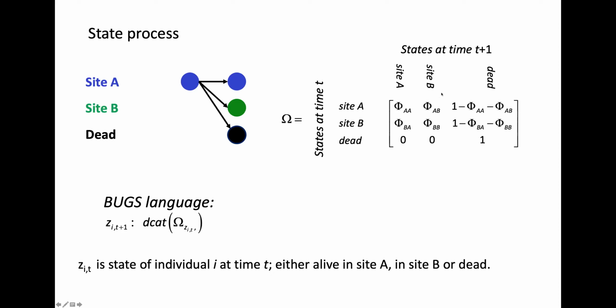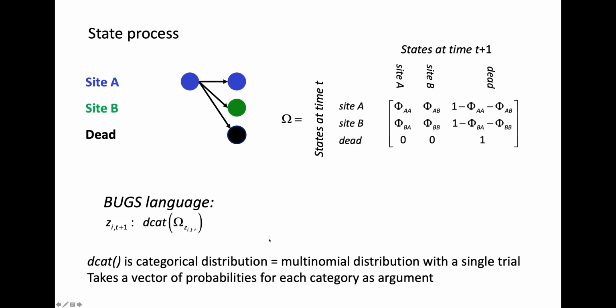Matrix omega is the matrix where you stored all the big phi parameters. So again, you just ask: in which state was i at time t? If i was dead, then the probability of being in site A, B, and dead at time t plus 1 is given by this vector here, 0, 0, 0, 1.